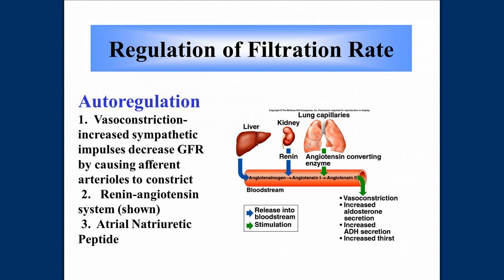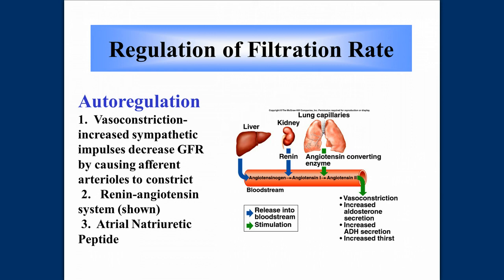Remember, because it was larger, it was sending a larger amount of blood than can pass through that smaller diameter efferent. You constrict it, and it's going to decrease the filtration rate by causing afferent arterioles to constrict.